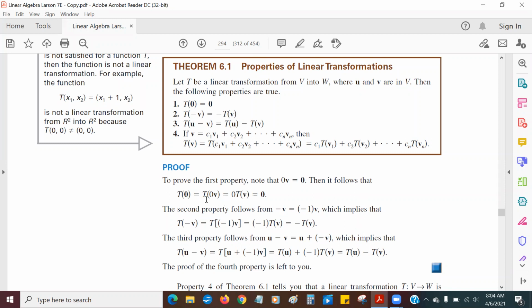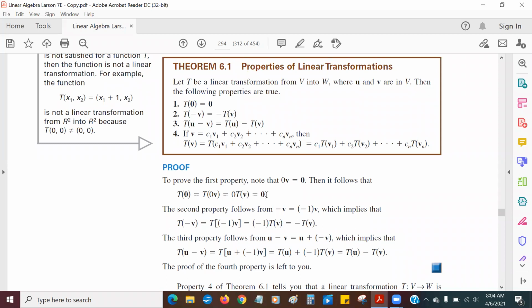Now remember, 0v is in the vector space V. T of v is in vector space W. But no matter what, when I multiply a vector times 0, I get the 0 vector. But the point is that the 0 over here and the 0 over there are not necessarily the same 0, or not necessarily the same vector.